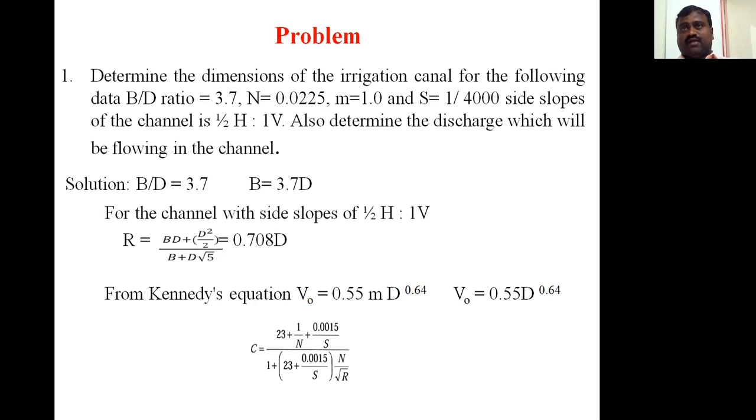Side slopes of the channel is given half horizontal to 1 vertical. Also determine the discharge which will be flowing in the channel.